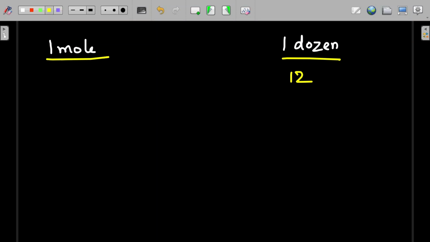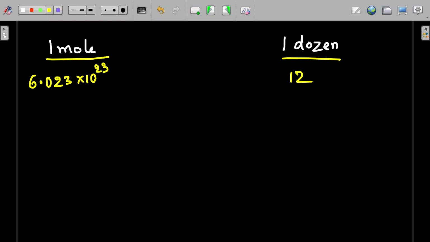Similarly, numerically, 1 mole has a value. It is a collection of 6.023 into 10 to the power of 23 items. Just like a dozen, you can use it for anything. 1 mole of eggs, if I ask how many eggs? 6.023 into 10 to the power of 23 eggs.